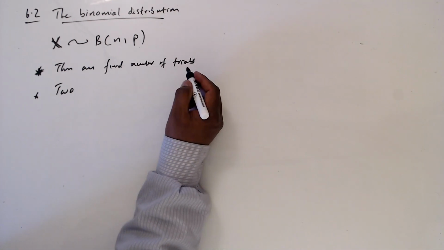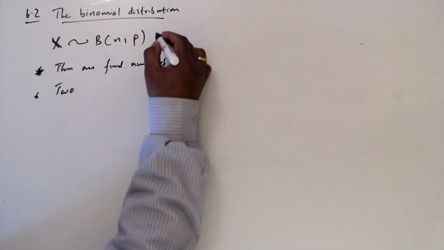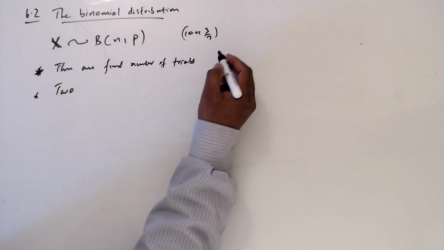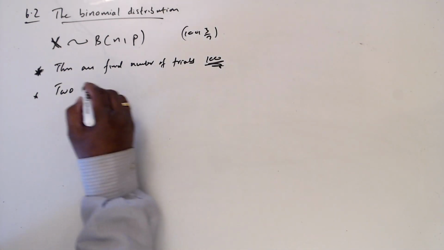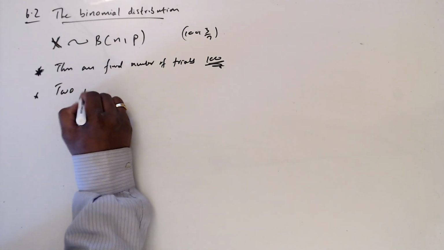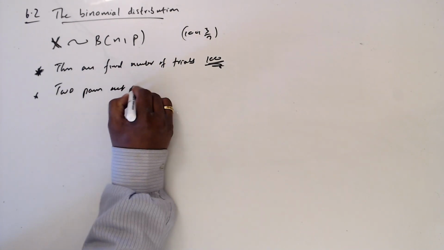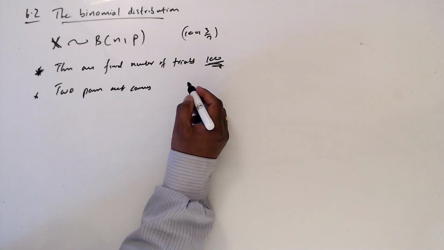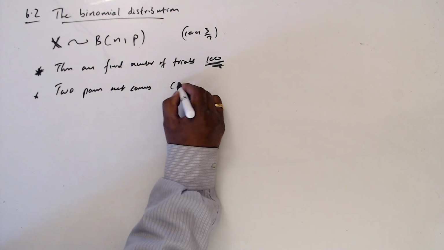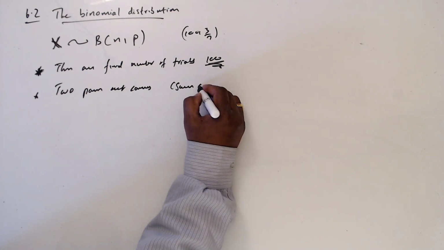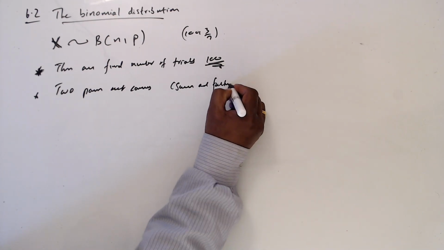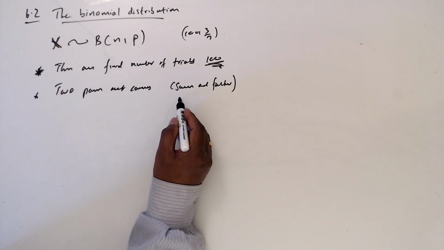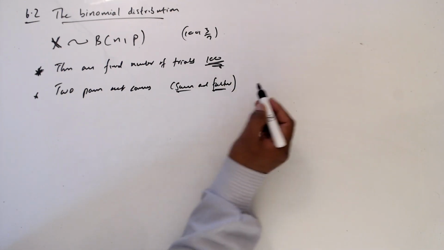In the previous one we had 100 trials, and we did 3 over 7, I think. So 100 is a fixed amount. Then two possible outcomes: one is success and the other is failure. So when we take the number of heads, there are two outcomes, getting head and the failed one, not getting head.